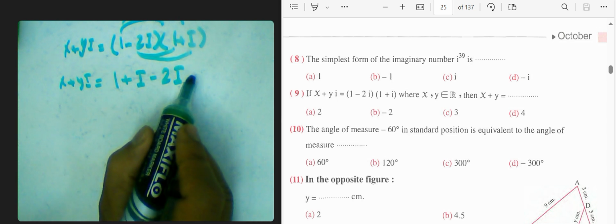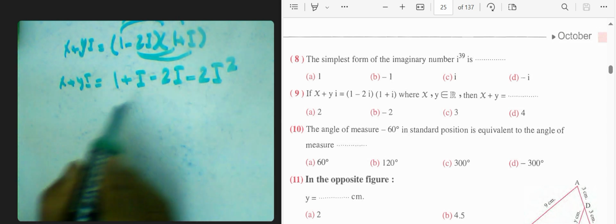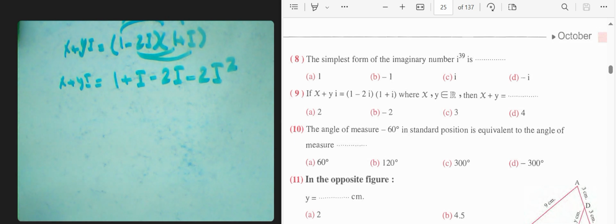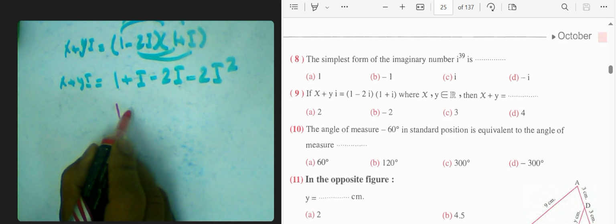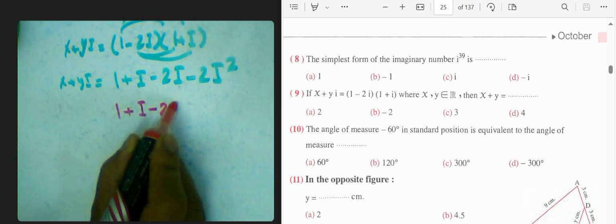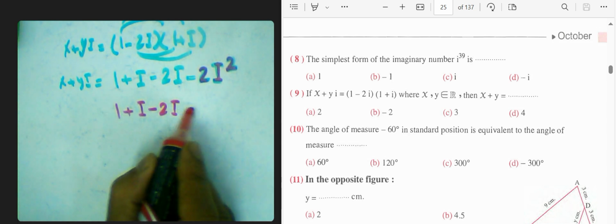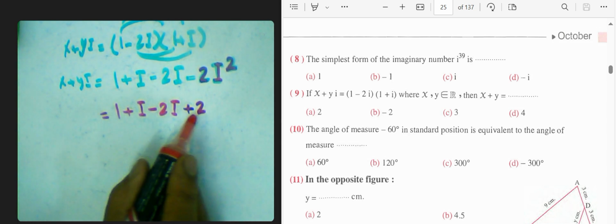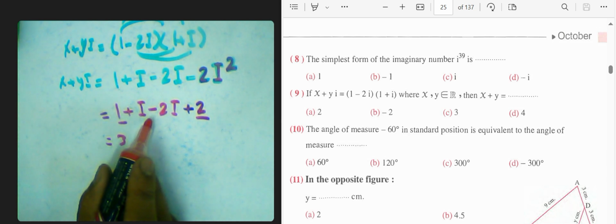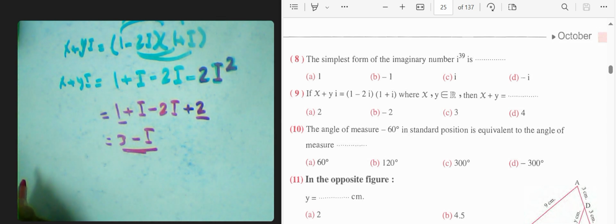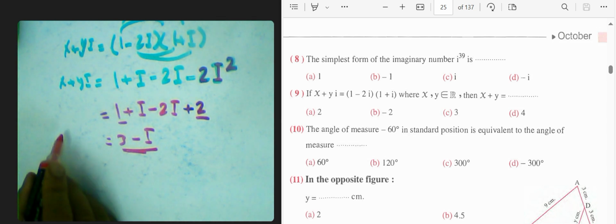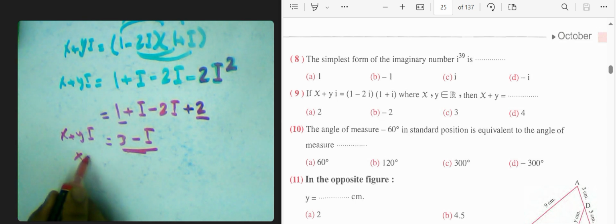Negative 2i product by i it will be negative 2i power 2. And then you can summarize this example by writing the simplest form. i power 2 will be negative 1. So we will have 1 plus i subtract by 2i, i power 2 will be negative 1, negative times negative will be positive. And then 2 plus 1 equals 3 and i negative 2i subtract by 2i will be negative i. So the result will be 3 subtract by i. It's x plus yi. You can find the value of x here.